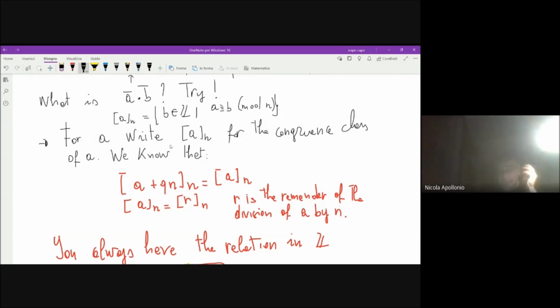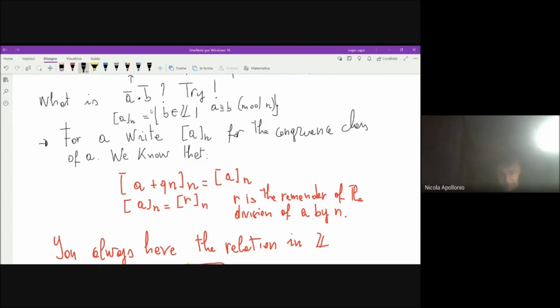I don't know what it is so far, but one surely exists because the equivalence classes give a partition of Z. So a is certainly in some equivalence class, and this symbol is the one that selects the equivalence class to which a belongs. Good.